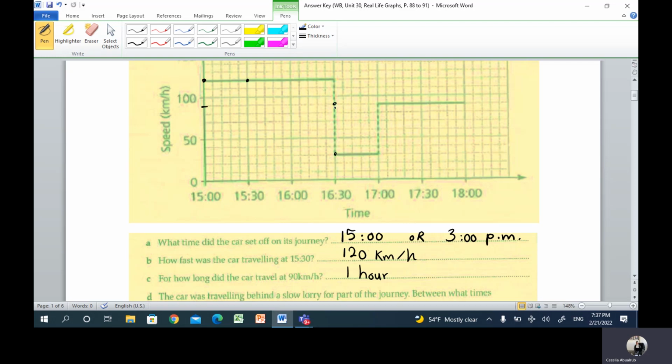And if we go to here, it started at 15. So it traveled for 1 hour.